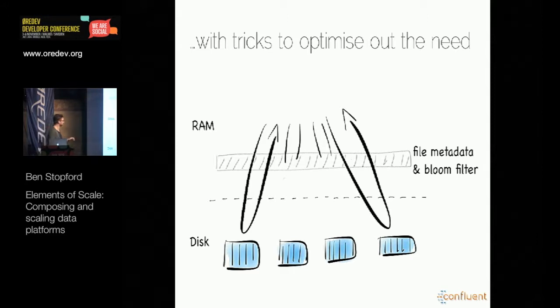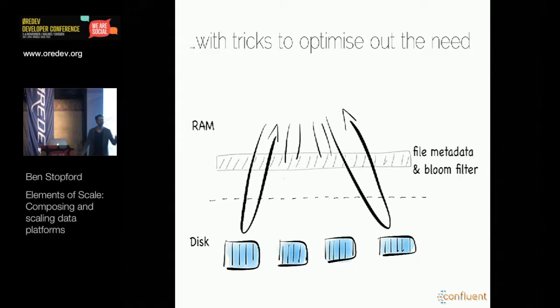It turns out that we can use some quite nice little tricks to optimize this approach. Firstly, we can keep some low overhead metadata in memory, which gives us some idea about what values are inside each index. Another approach which is used quite often is a thing called a Bloom filter. Anyone familiar with the Bloom filter?